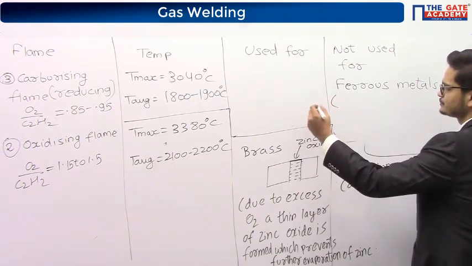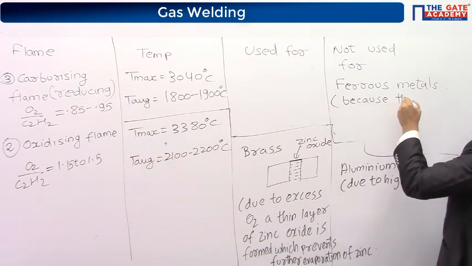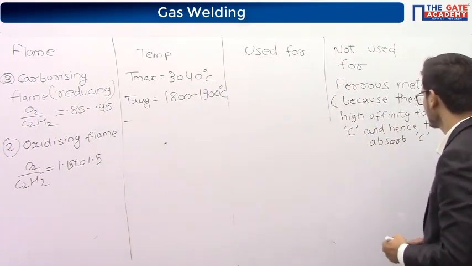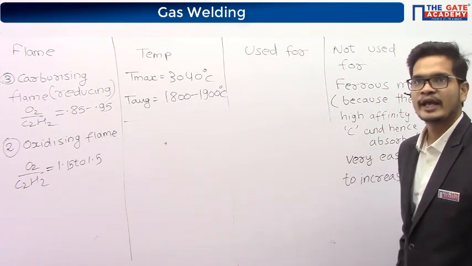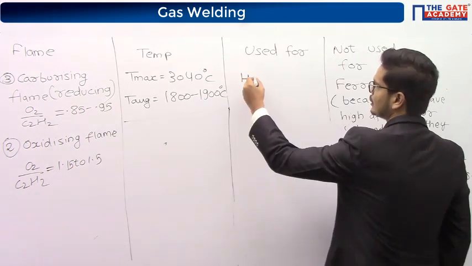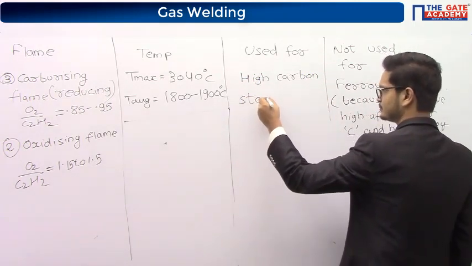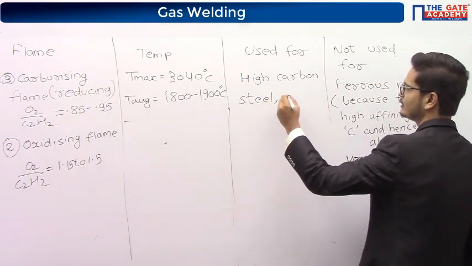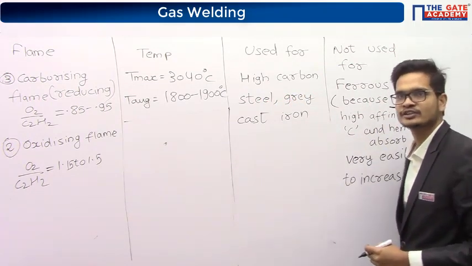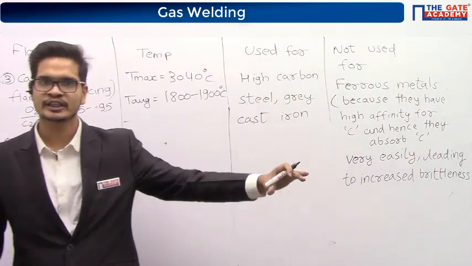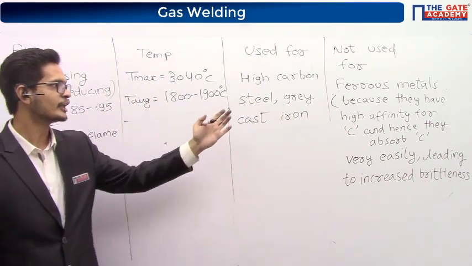Why? Because they absorb carbon very easily. They are used for the welding of high carbon steel and grey cast iron. Now you may think, sir, even high carbon steel and grey cast iron are ferrous in nature, then how can you weld them?